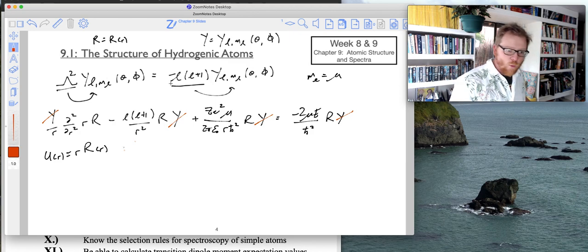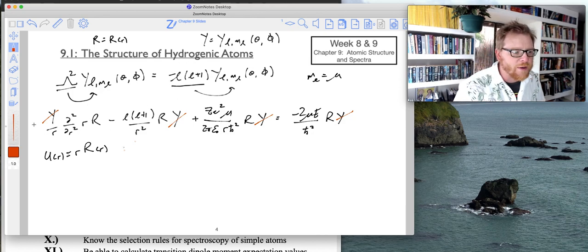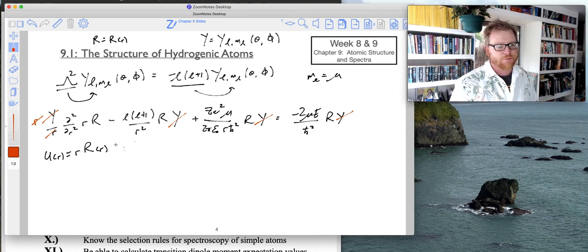When I do that, that cancels that r and that r. And then now I'm going to multiply by r, and that's going to give me that u function. Also, because I'm multiplying everything through by r, I have to do that one as well, and then this one as well.